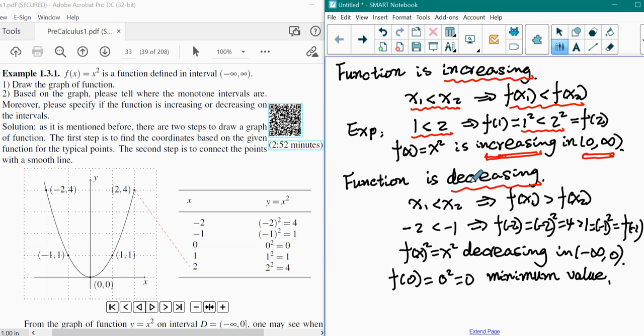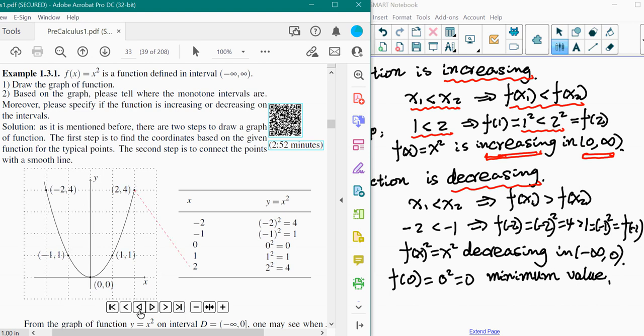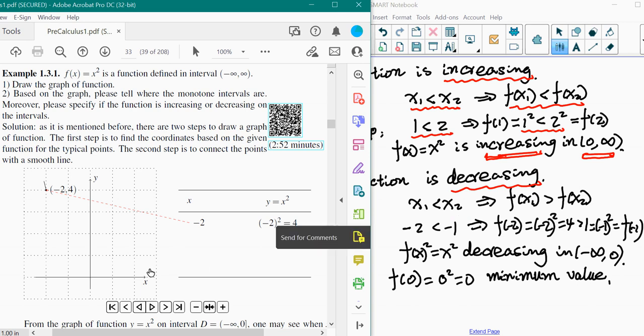The function is decreasing is the opposite. We look at the same example right here. So let me go back. You see, we have -2 less than -1. That's for sure.